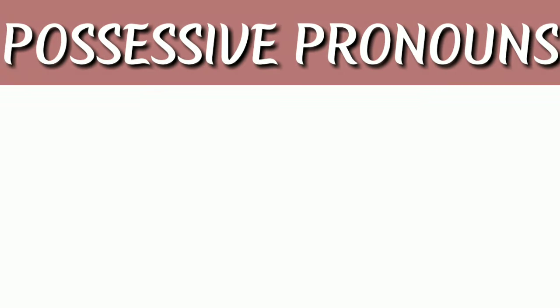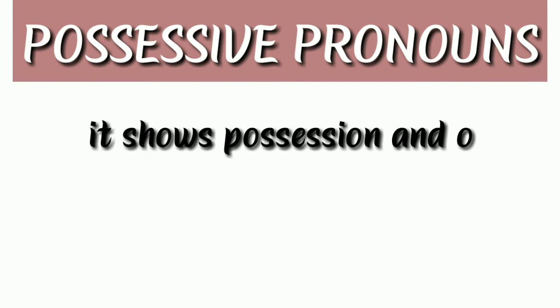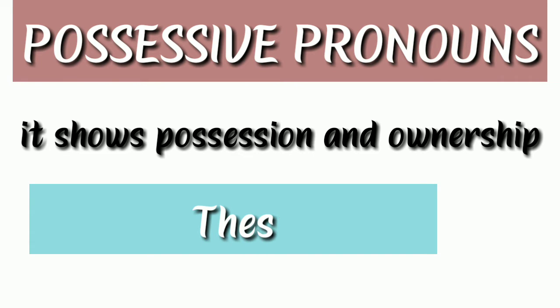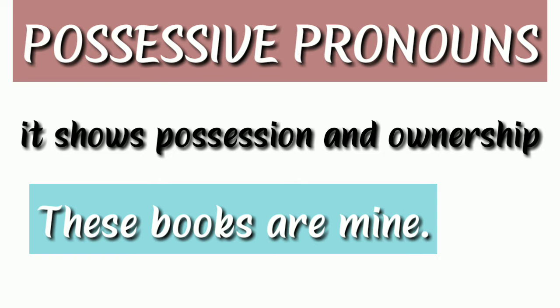The second one, possessive pronouns. A pronoun that shows possession and ownership is called a possessive pronoun. Look at this example. These books are mine. Here mine is the possessive pronoun of this sentence.